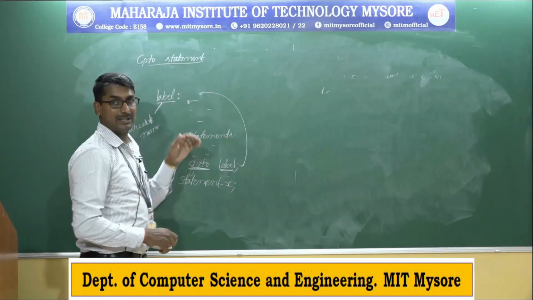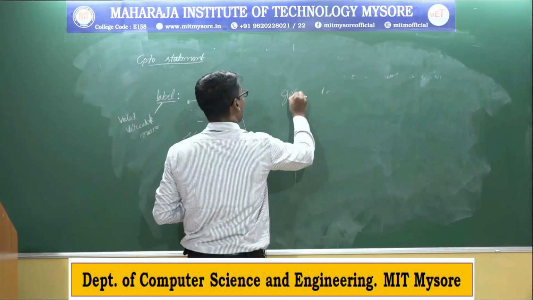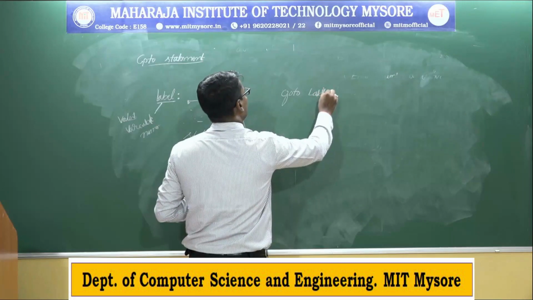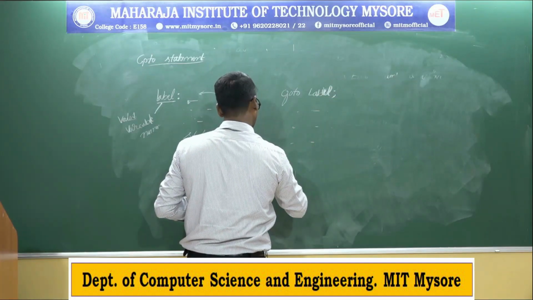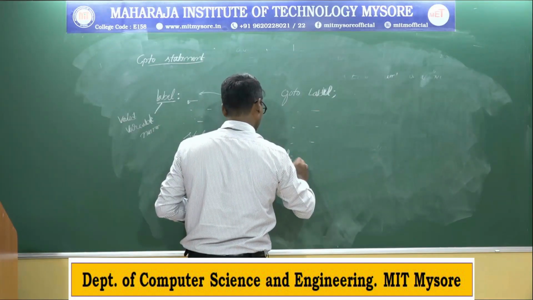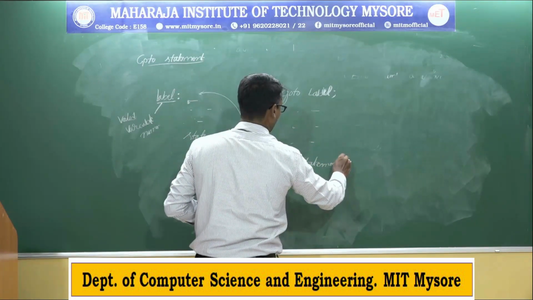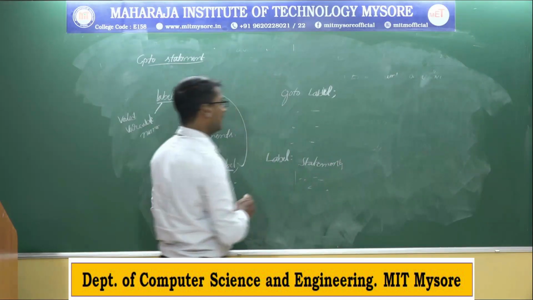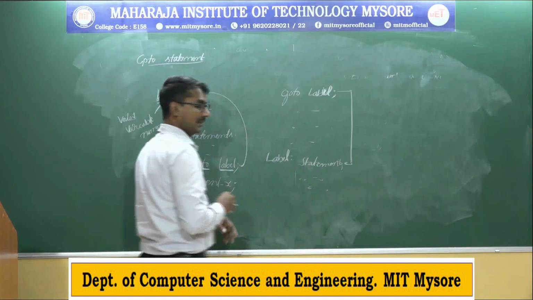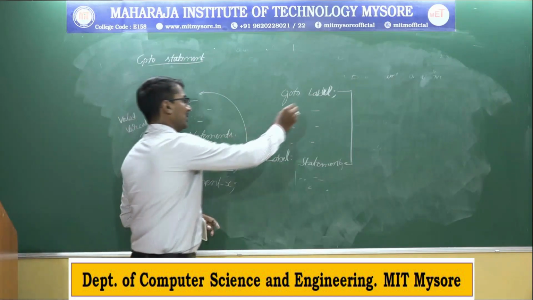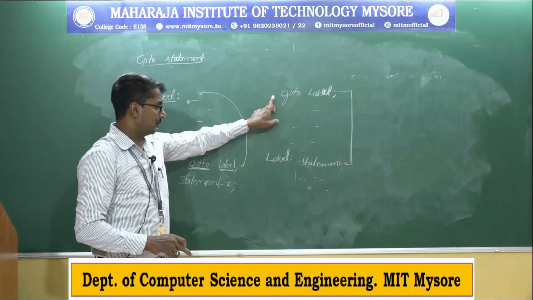Okay, this is a backward jump. Similarly, goto label: here the control is transferred from this location to this location, towards down.